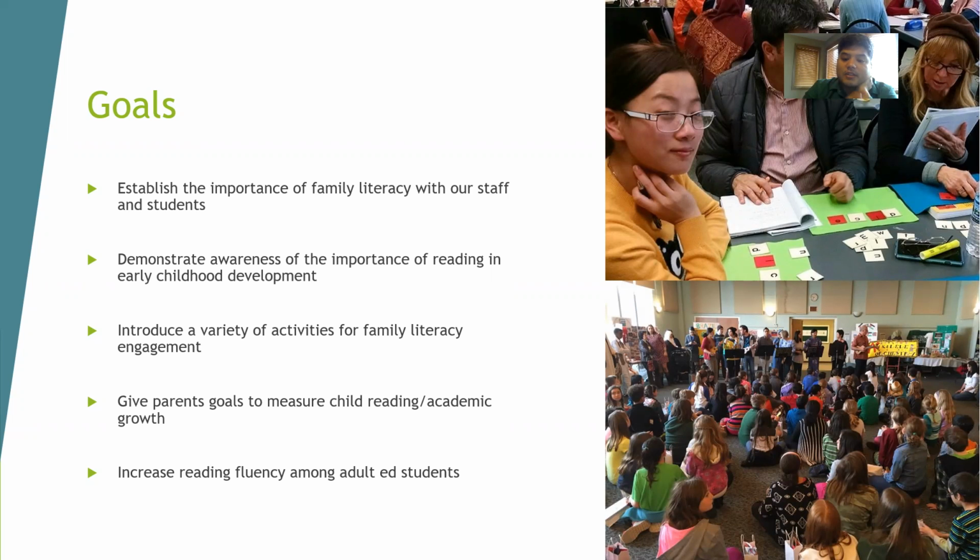Obviously demonstrating the awareness of reading and the importance of literacy and what it can do. Certainly introducing a lot of activities. Part of what is also important is knowing that we can enable our adult learner parents to develop the skills that they need for ongoing activities within their home. So it doesn't always just have to be on us, the adult education providers, to always be doing the activities, right?